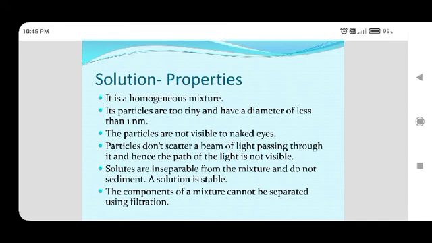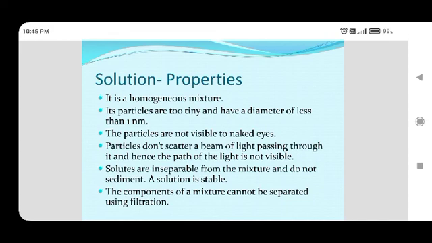The next point is solutes are inseparable from the mixture and do not sediment. So there will be no formation of sediment or precipitation-like reactions. The dissolution is a physical change, not a chemical reaction. So the solution is a stable one.